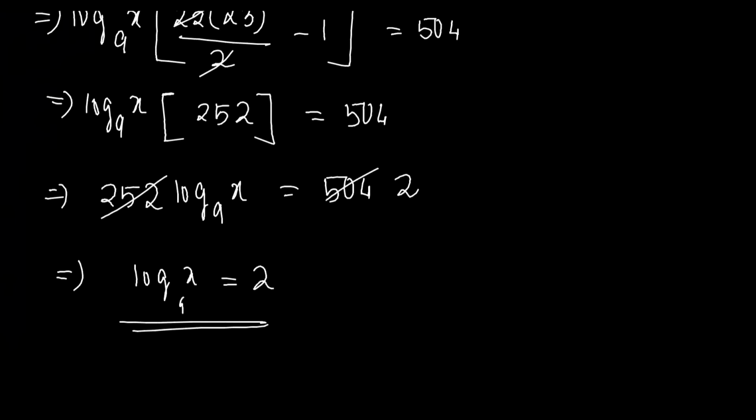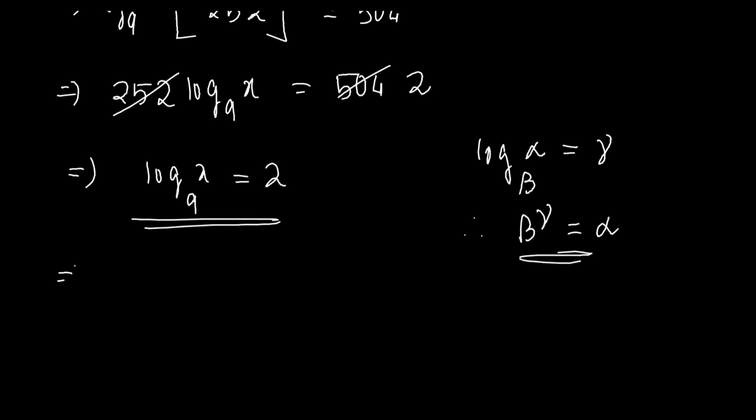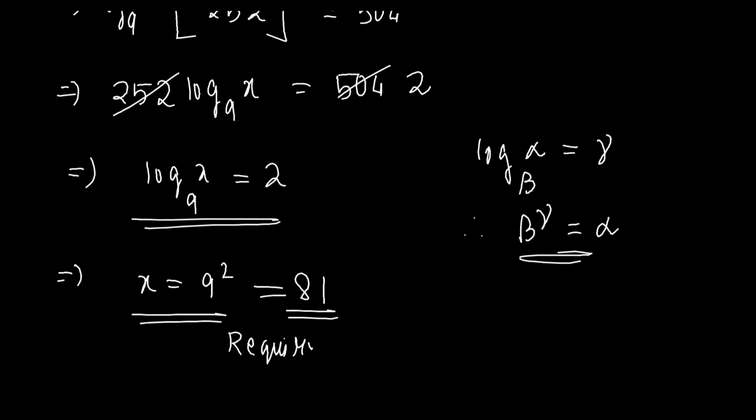From the logarithm concept, we know that if log of alpha to the base beta equals gamma, then we can write beta to the power gamma is equal to alpha. So from this we will write that x is equal to 9 squared, that is x is 81. So the required value of x is equal to 81. Okay, so this is the final answer.